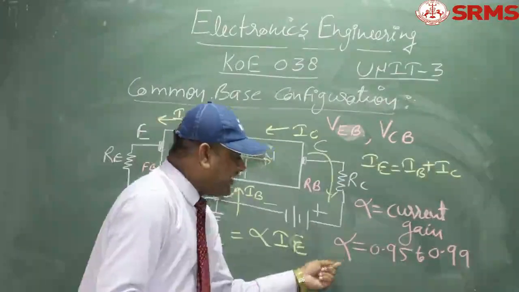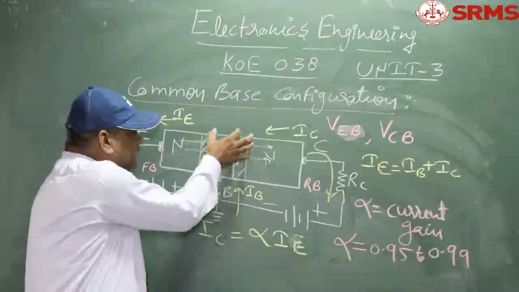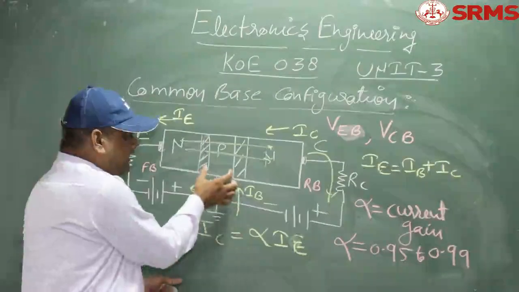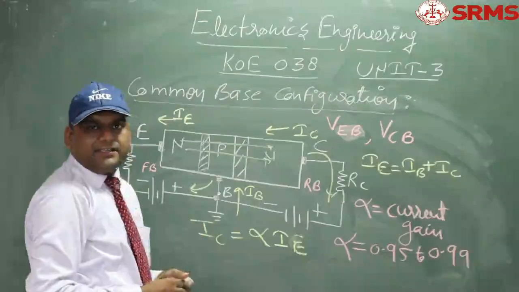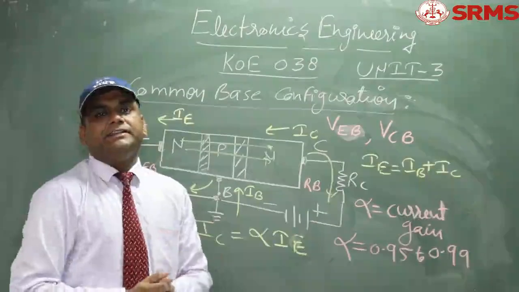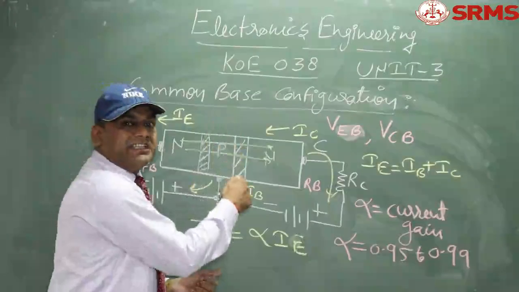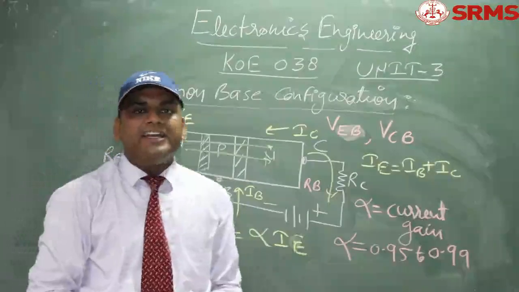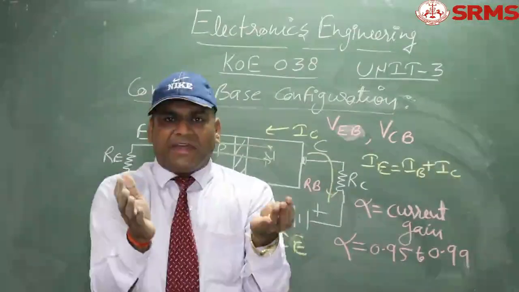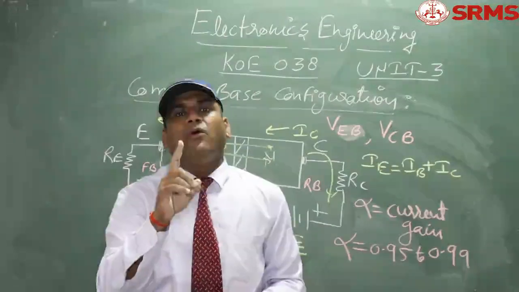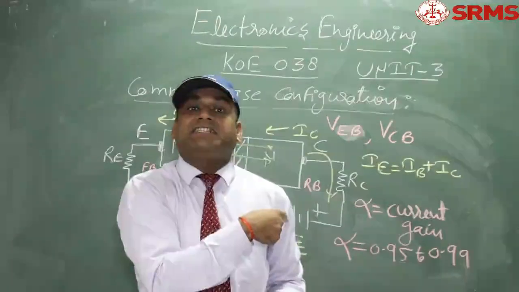The value of alpha basically depends upon the thickness of the base. If you decrease the thickness of the base, more charge carriers, without recombining in the base region, will be collected at the collector terminal. Alpha is going to increase whenever the base thickness is less.